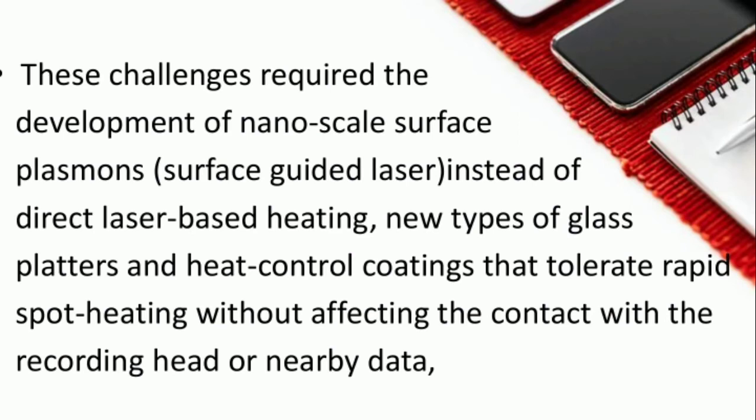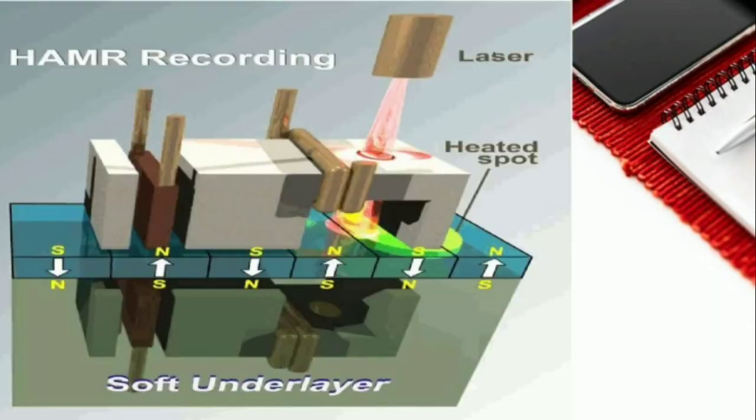These challenges required the development of nanoscale surface plasmons, that is surface guided laser, instead of direct laser beam heat. New types of glass platters and heat control coating that tolerate rapid spot heating without affecting the contact with the recording head or nearby data.